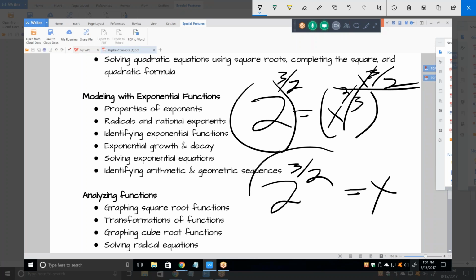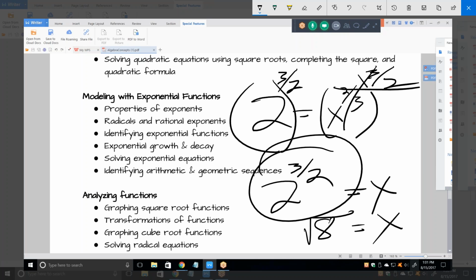And what I have on this side is what? What's 2 to the 3/2? First of all, you can't take the square root of 2, it gives you an irrational number. So do the numerator first. What's 2 cubed? 8. So it's the square root of 8.